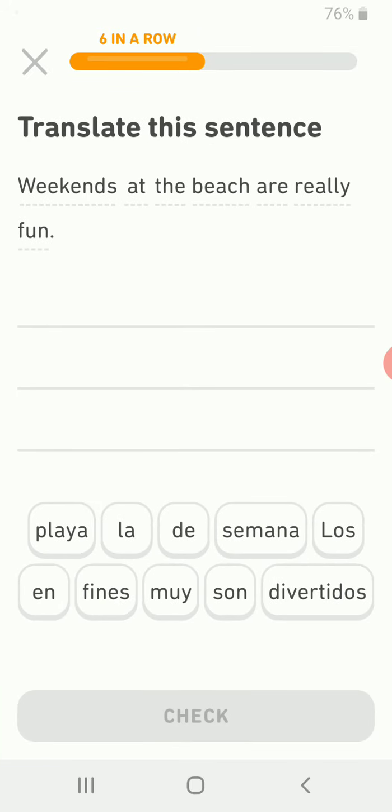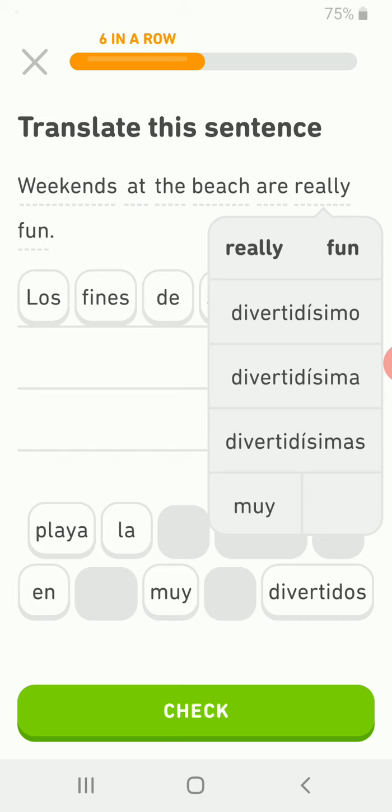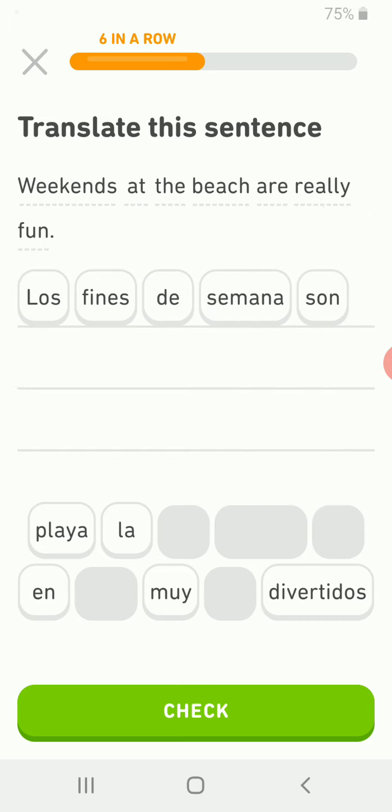Translate this sentence. Weekends at the beach are really fun. So, fin de semana is el fin de semana is the weekend. So los fines de semana son de verdad. Really is not muy.